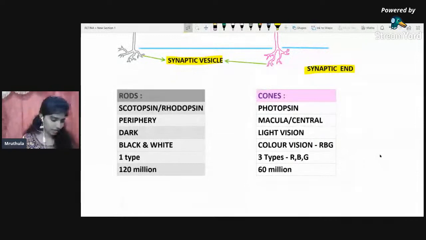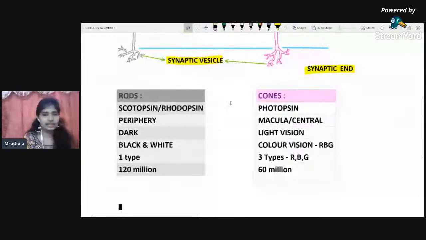Okay, very good. Horizontal cell is one cell. What's another cell? The main cell? Yes, bipolar cell. So it's the bipolar cell and the horizontal cell. Both of them interact with the rods and cones, and that forms a plexus. Very good.